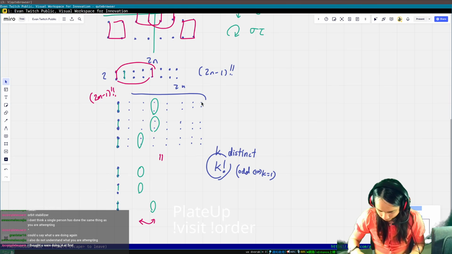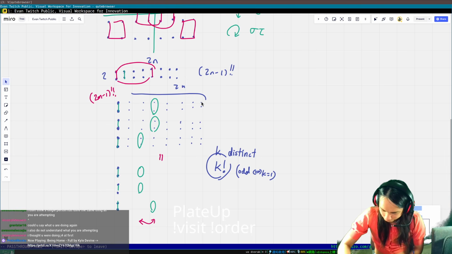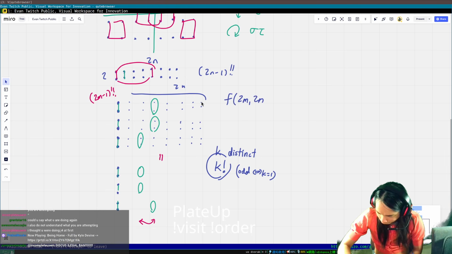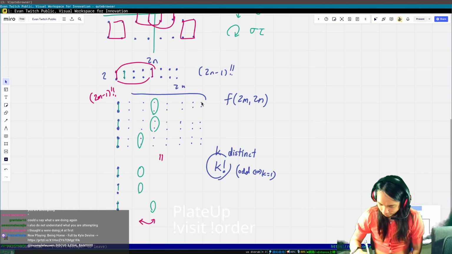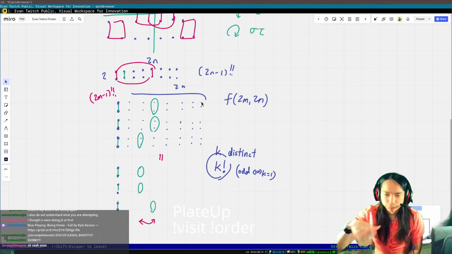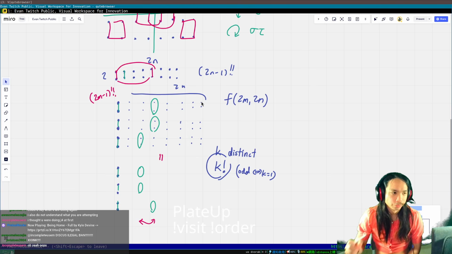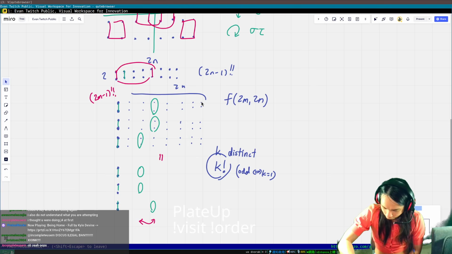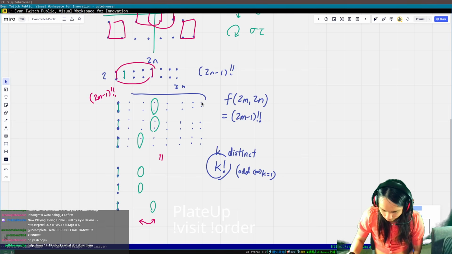So, okay, I'll introduce notation. Like f(2m, n) is the number of ways. The first thing you do is a bunch of logs on the leftmost column, because all of those are in distinct pairs. So this is 2m minus 1 times the number of assignments with the property that something happens.